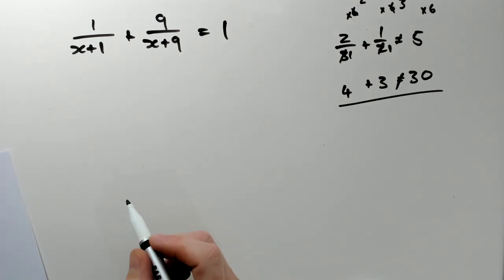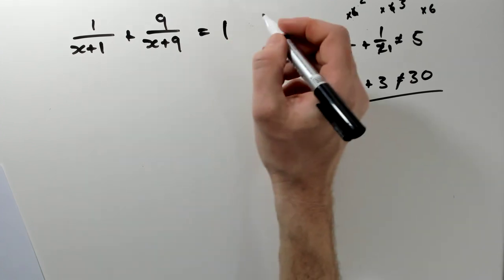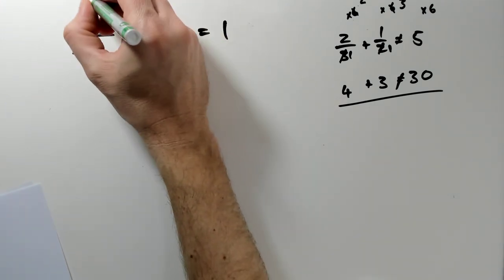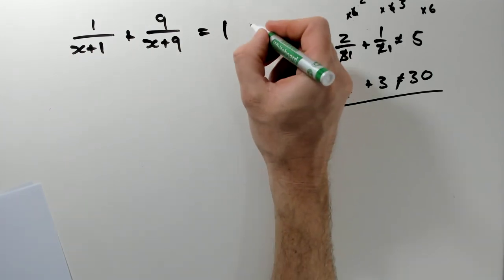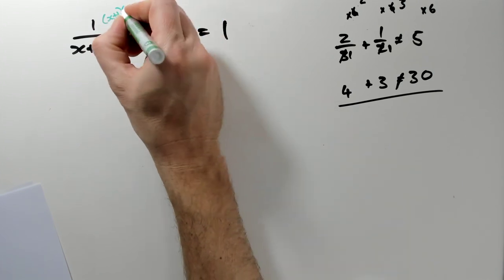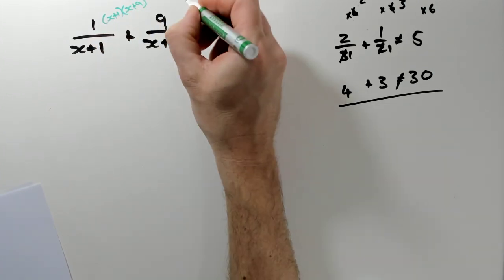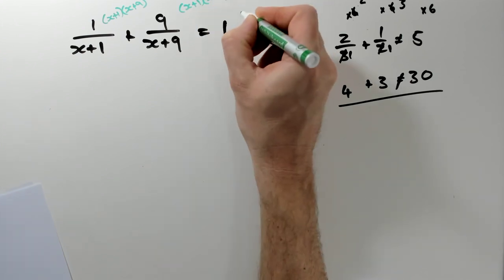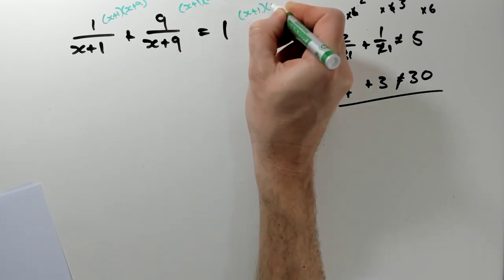Okay, so in this case I'm just going to multiply with, let's write it in a different color. Let's try green. So I'm going to multiply everything by x plus 1 times x plus 9.